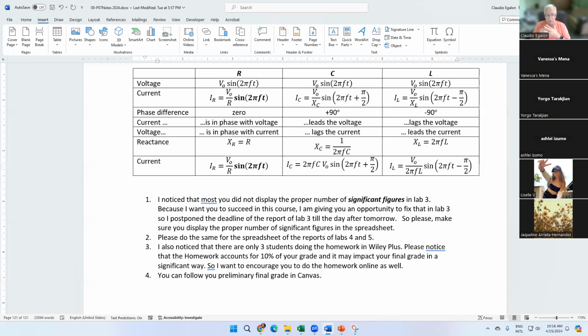And what did I do? I also considered, as of now, your grade of the homework. This preliminary grade accounts for the homework grade you have so far.